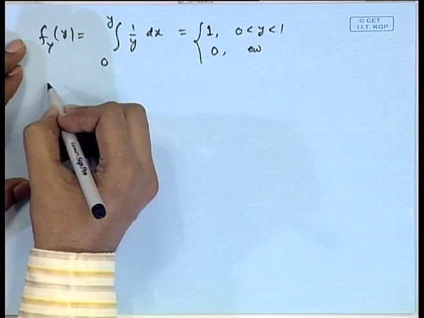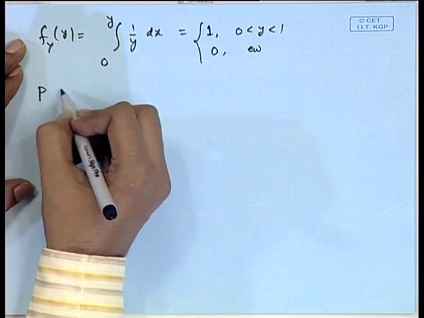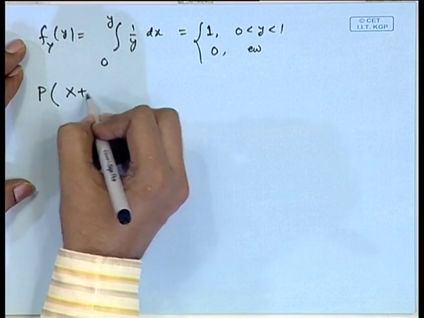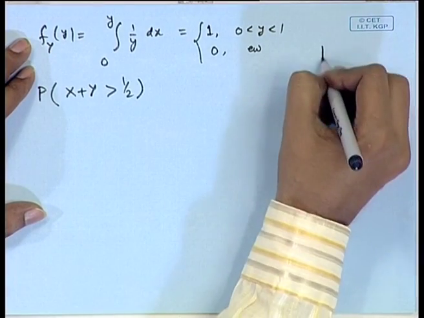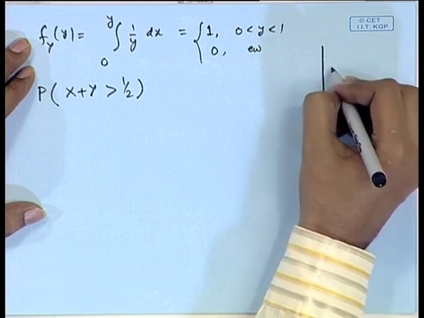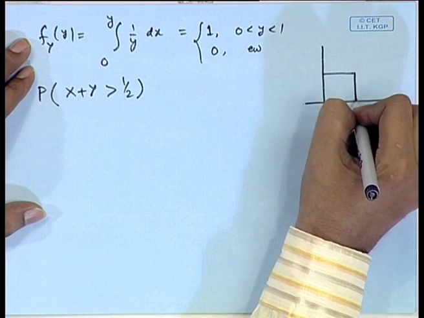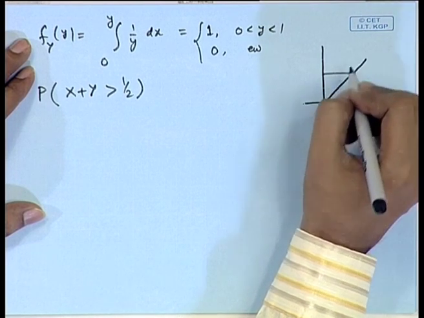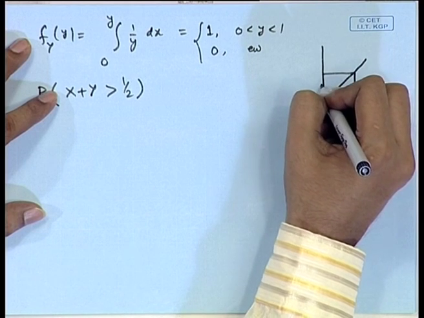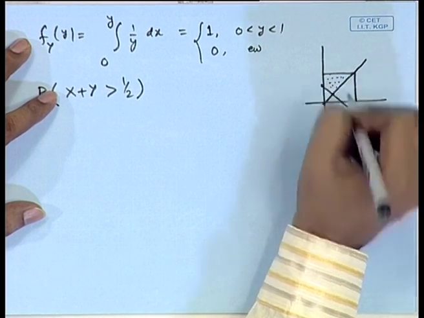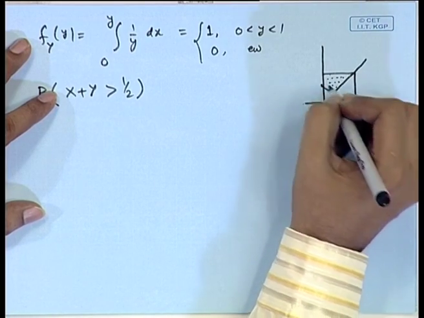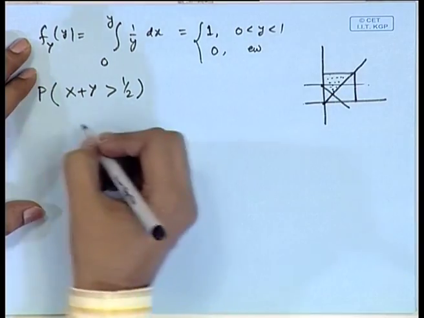Suppose we want to answer a question regarding say probability of x plus y greater than half. So, once again we look at the region of integration. So, x plus y is equal to half is this line. So, the region of integration for this part is this, which we can again split into two portions.